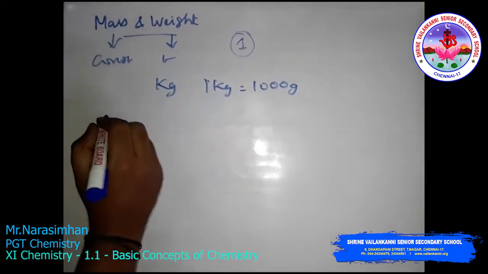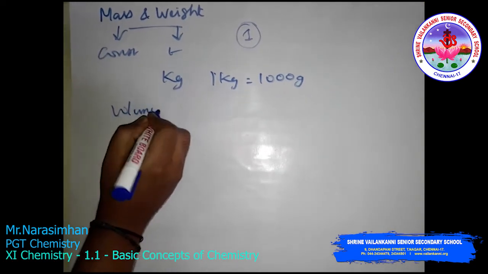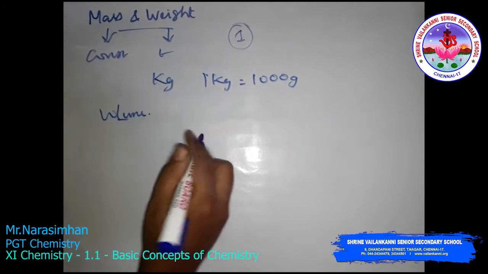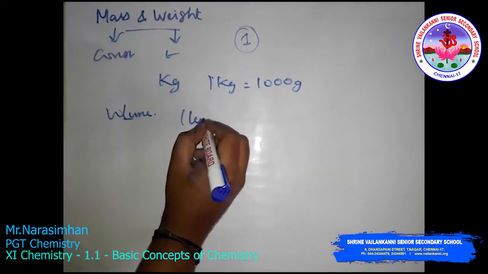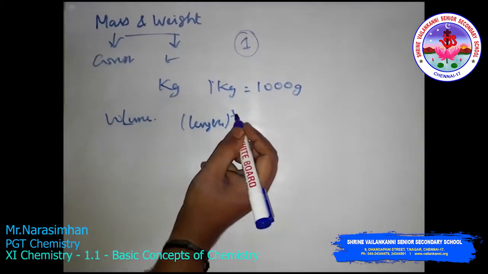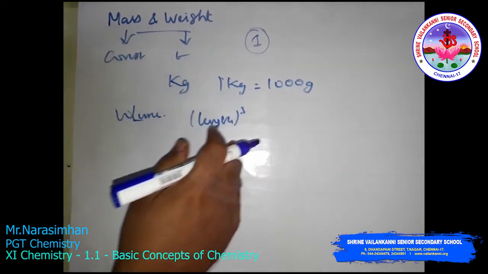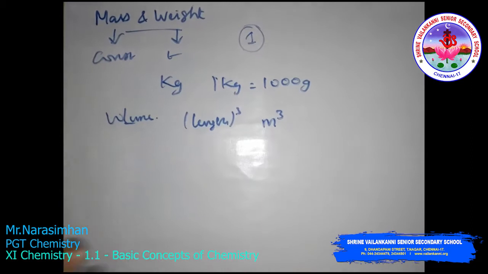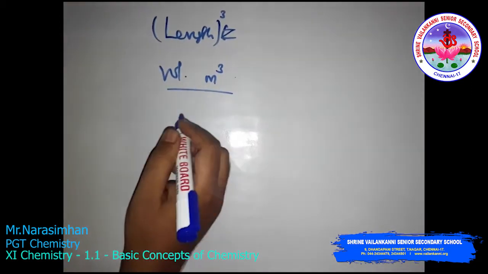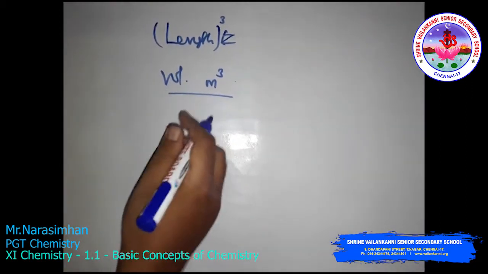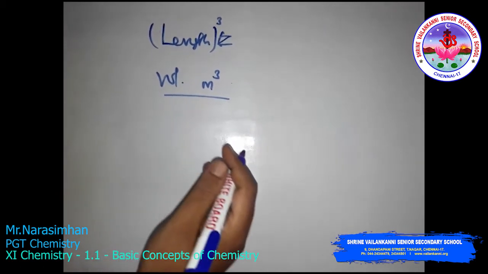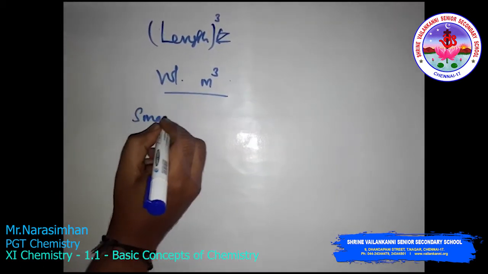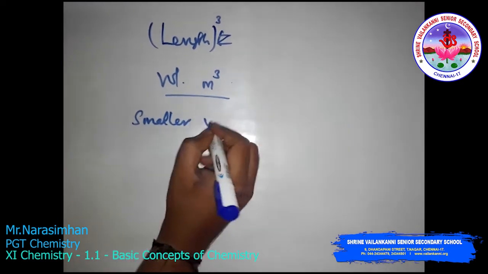Then volume. Volume has units of length cubed, so the SI unit of volume is meter cube. But in chemistry laboratories, smaller volumes are usually used.